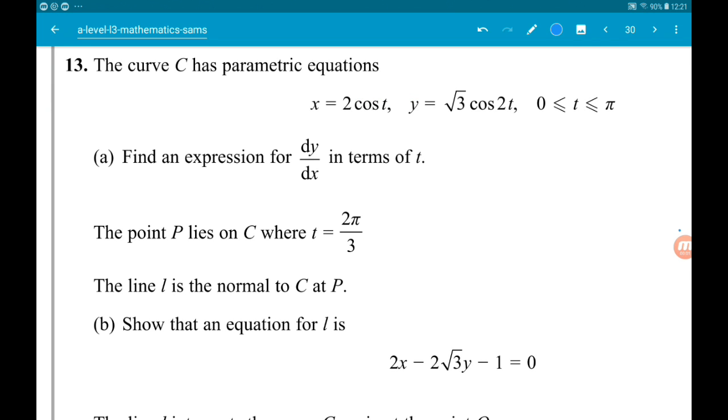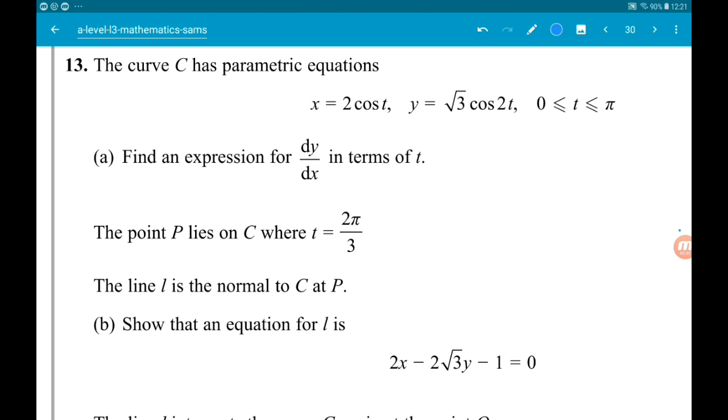Okay, then part B, we are told the point B lies on C where t is equal to 2 pi over 3. The line L is the normal to C at B. We want to show that an equation for L is 2x minus 2 root 3y minus 1 is equal to 0. 5 marks.